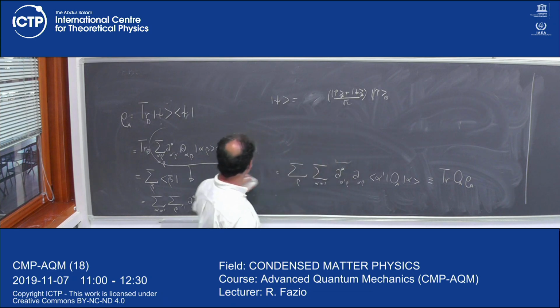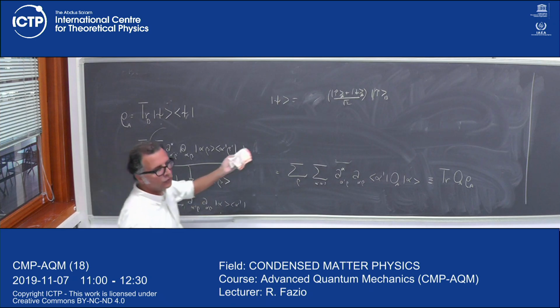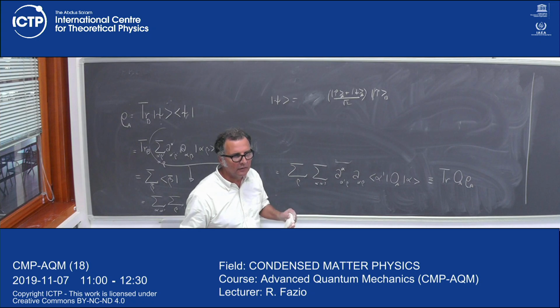Now, we have to do the partial trace over B. Okay? So I just chose this because it's simple. So I take the basis up, down.